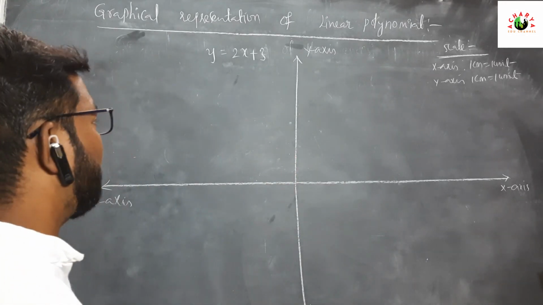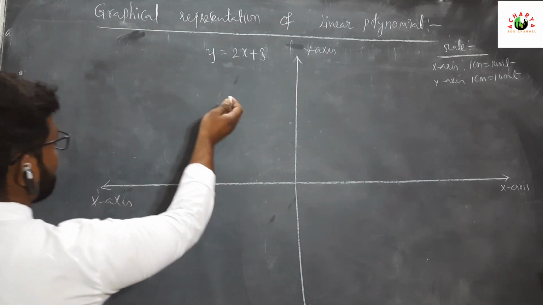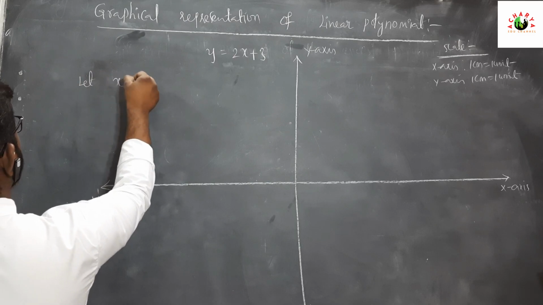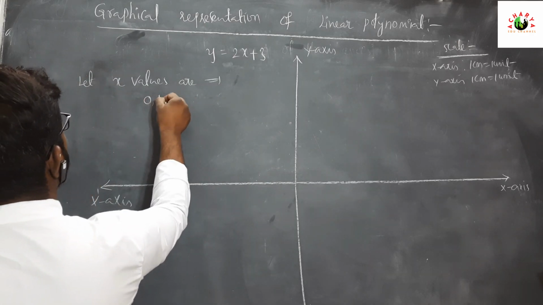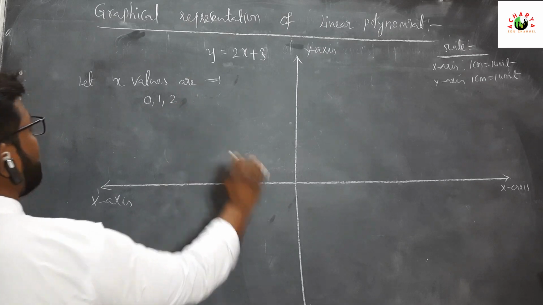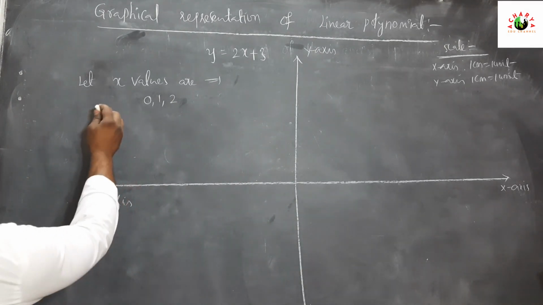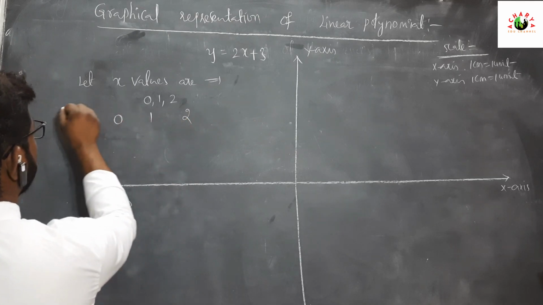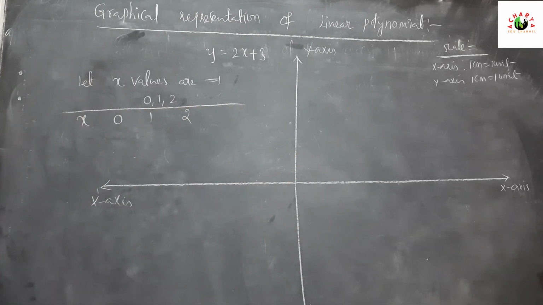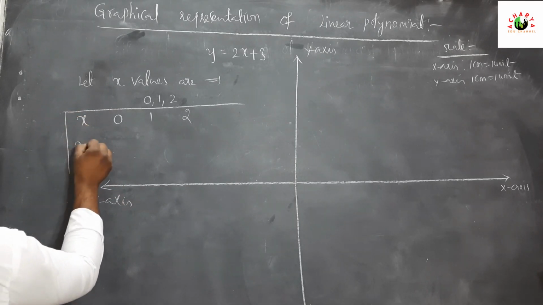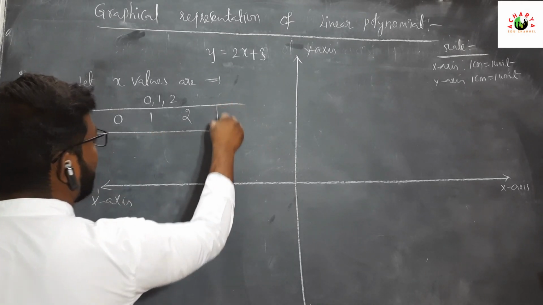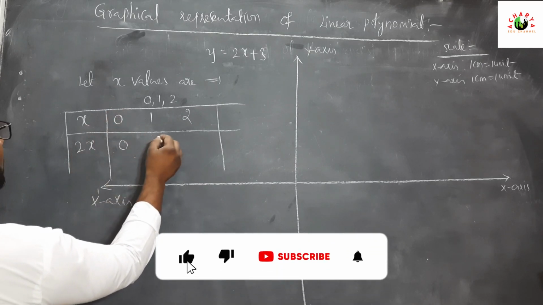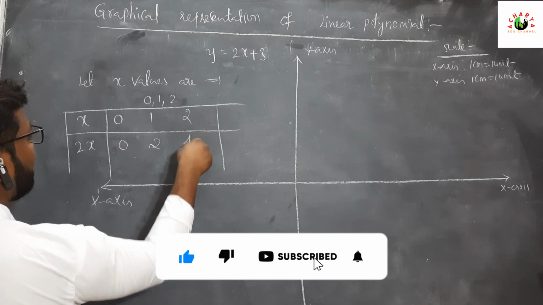See, y is equal to 2x plus 3. Let the x values be, for example, 0, 1, 2. Next, the values of 2x: 2 into 0 is 0, 2 into 1 is 2, 2 into 2 is 4.